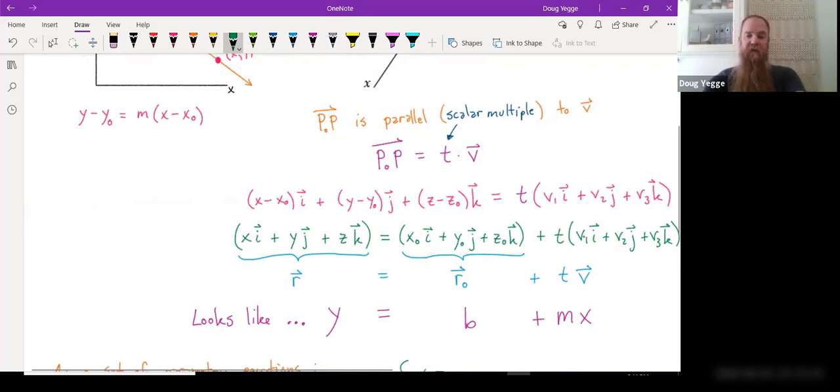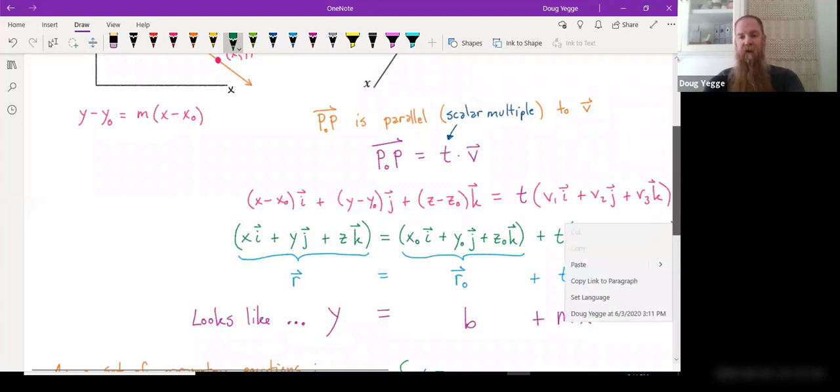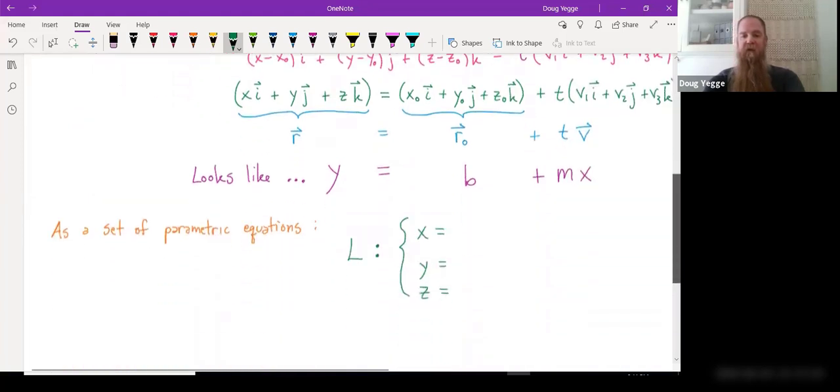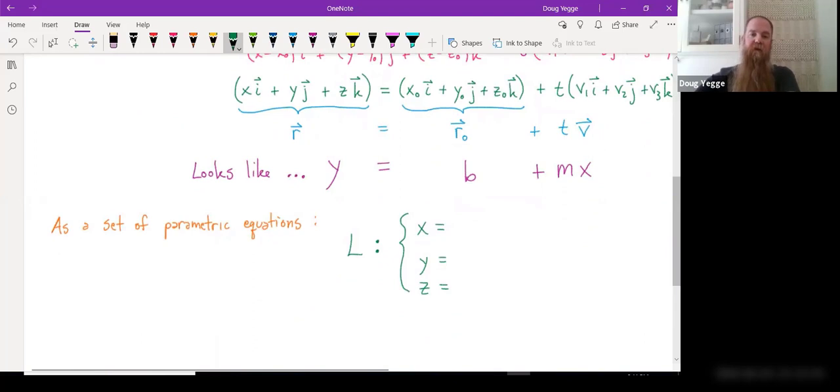And then let's look at the j's separately. y j should be the same on the right side as y0 j plus t times v2 j. In other words, all we're doing for our parametric equations is separating them into their individual components.